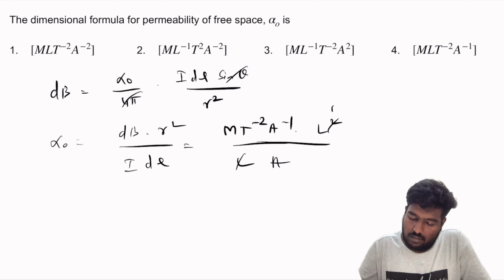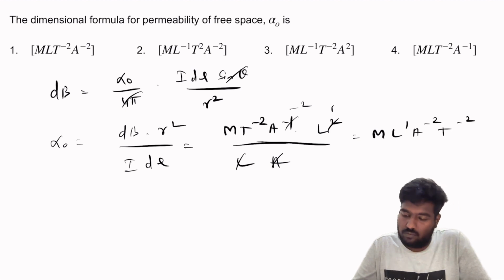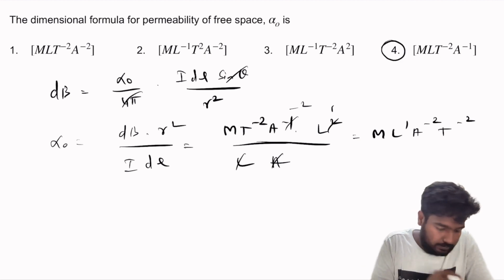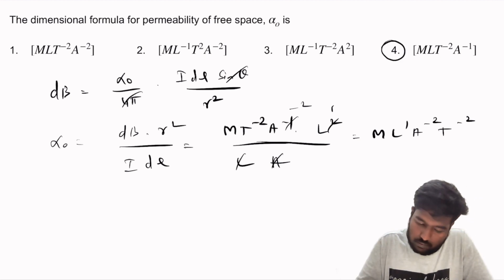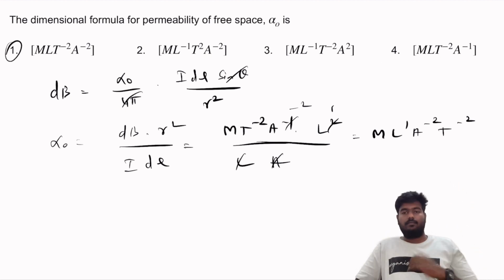So what you will get is M L power 1 A power minus 2 T power minus 2. So I think fourth one is the right answer. No, no, not fourth one. A power minus 2, so first one is the right answer.